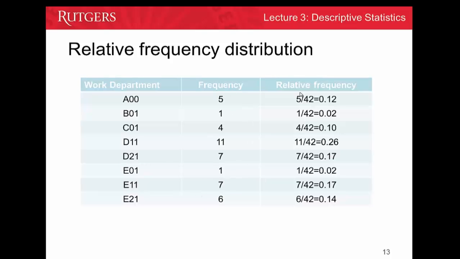Then we just use the frequency divided by the total number of records in the data set, which is 42. Then we will end up with the relative frequency. And we can see that the total of relative frequency will equal 1.